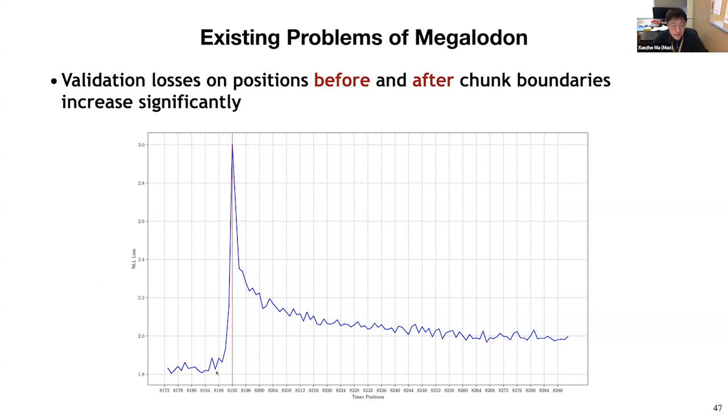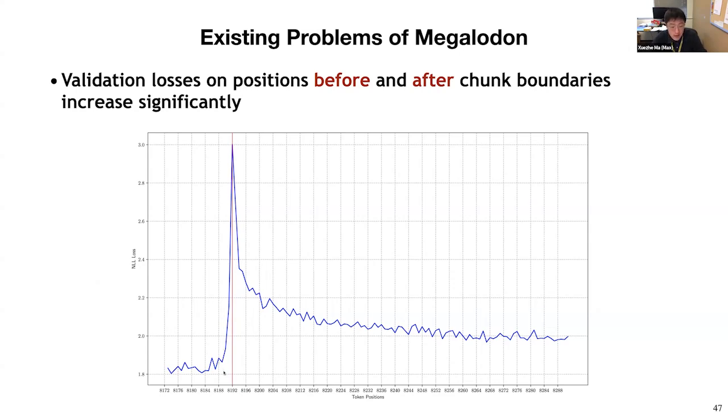So it indicates there are still some bottlenecks at the attention chunk boundary, because we need the EMA layer to pass the information from the previous chunk to the next chunk.